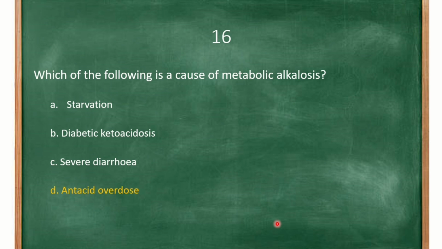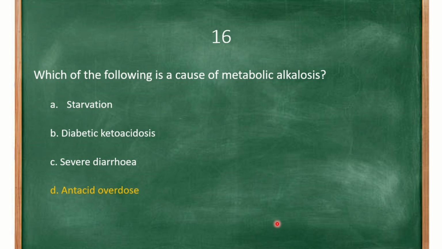In metabolic alkalosis, the pH of the blood increases due to metabolic reasons. If you take starvation, for example, when you are starving, there will be beta oxidation, so keto acids are produced. This will actually lead to acidosis, so this answer is not acceptable.